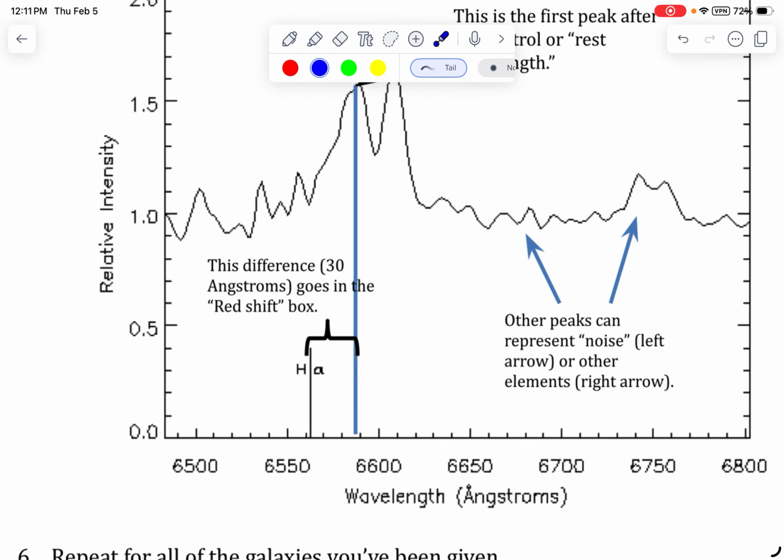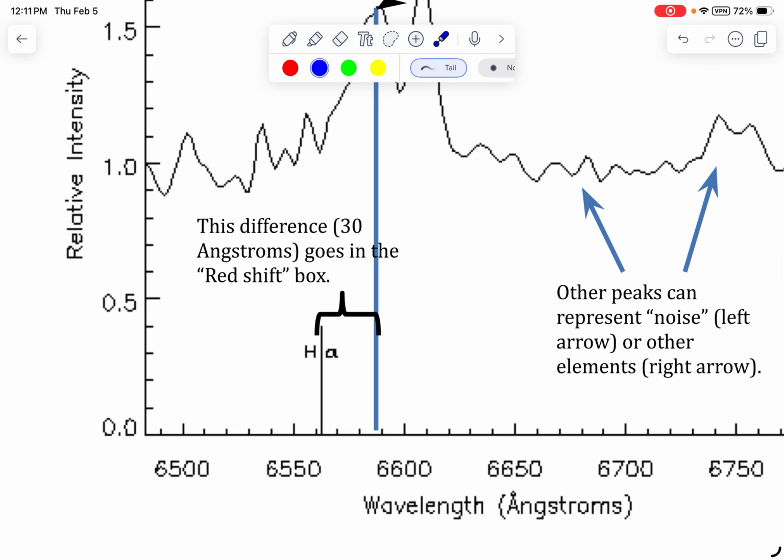So on this one, what we see is each one of these tick marks is about 10 angstroms. So angstroms is our unit. I don't care that you know what one of those is, but just know that each line's worth about 10. And this is real life. These are real galaxies, so it's not pretty. It's not perfect. So our H sub alpha line isn't quite on that tick mark.